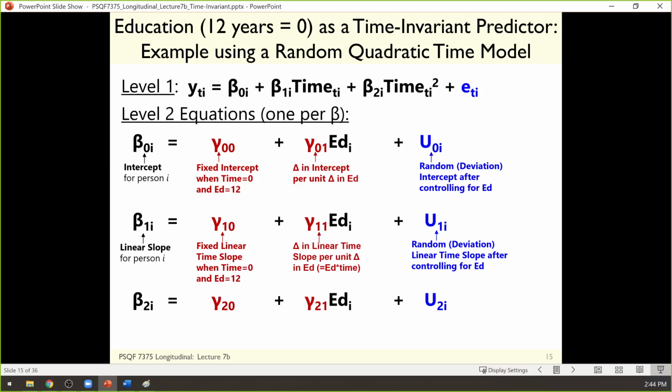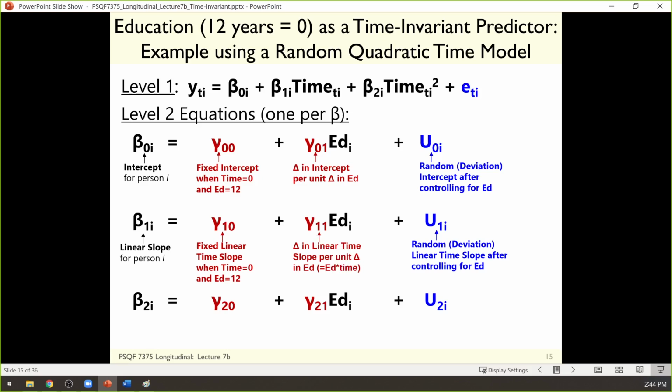So the linear slope for a high school educated person at time 0 is given by gamma 10, and it's 10 because we're predicting beta 1. Then this thing right here in the middle, gamma 11, is the first predictor of beta 1, so that's why it's 11.